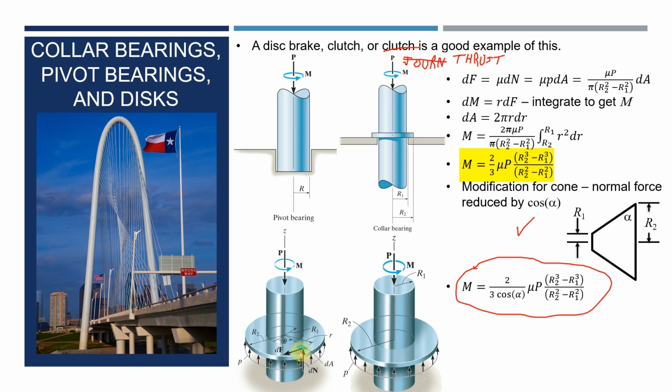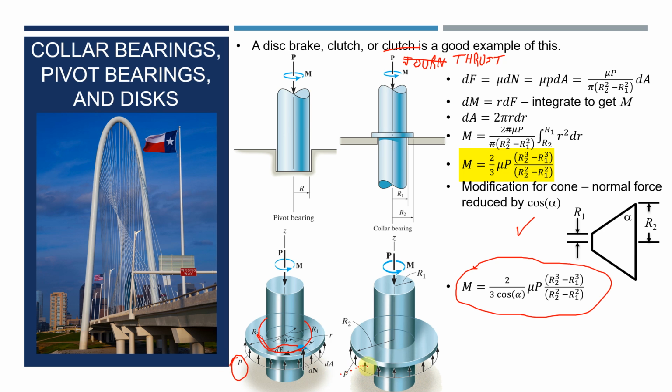So you have F here, and you can think of it as applying to a ring at a constant radius around the disk. Okay? So F is mu dN. Well, here's dN. It's mu p dA, pressure.